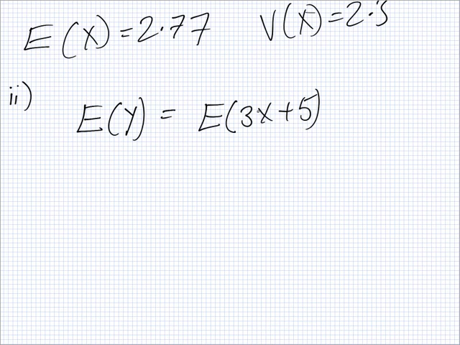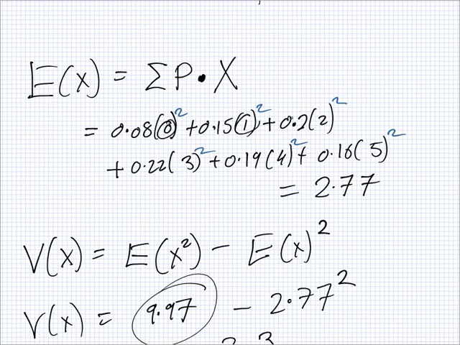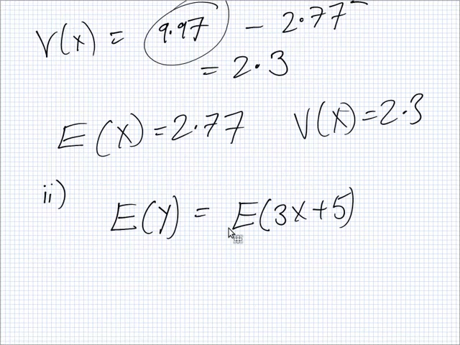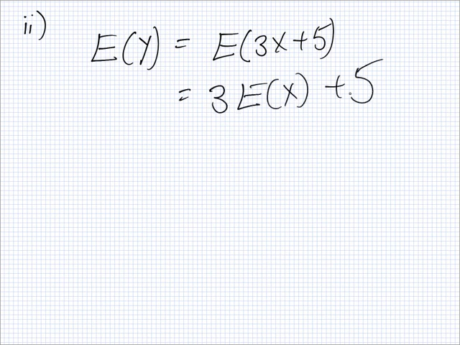All I do is I take my x, I multiply it by 3 and add 5, and repeat the process. So if you go back to the table here, you just change all of these numbers. And that's fine, that would work. But there's actually a rule that you'll learn that saves you a lot of time. You might actually even guess the rule, that the answer here is 3 times the expected value of x plus 5.